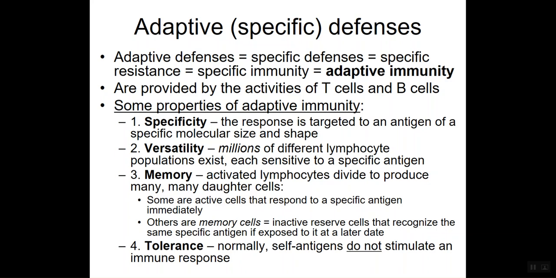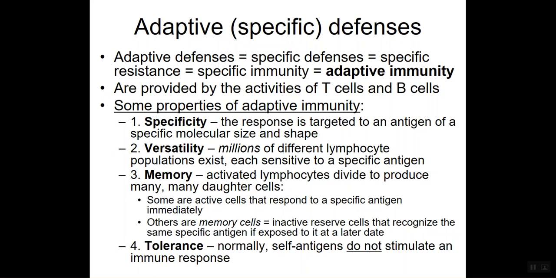All right, and the last property here is tolerance. If everything's working correctly, if your immune system is on point, it should not react against your own antigens, right? Your self antigens. However, sometimes tolerance breaks down. I'm sure you've heard of autoimmune disorders, things like lupus and type 1 diabetes and multiple sclerosis and, what was the other one I'm thinking of?